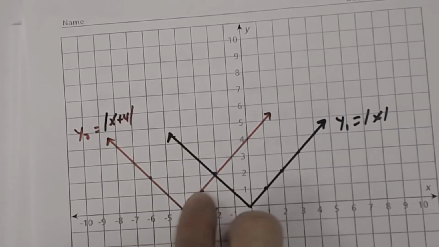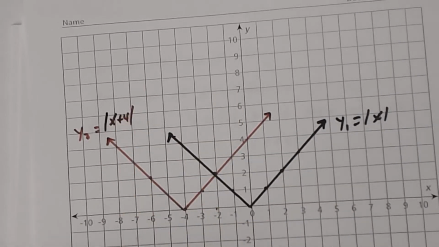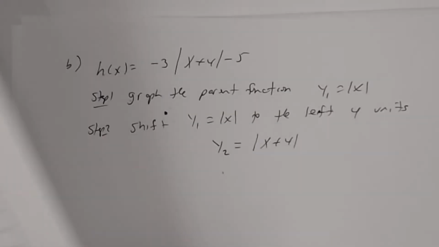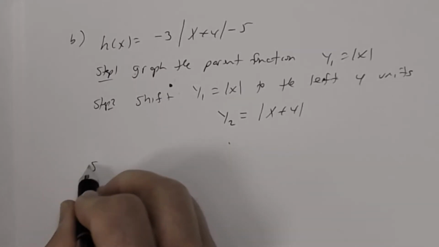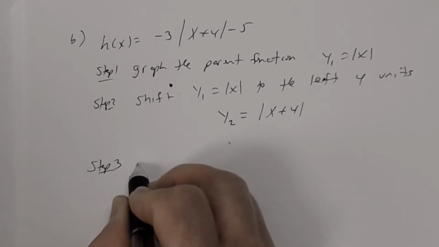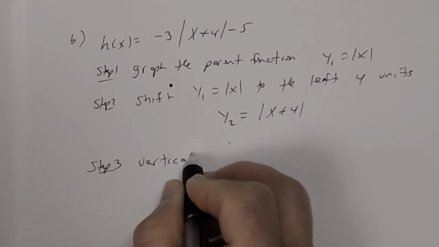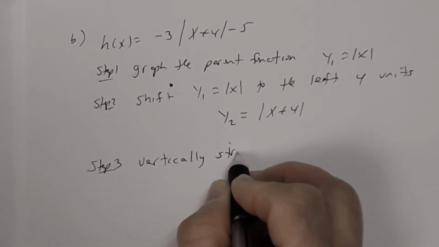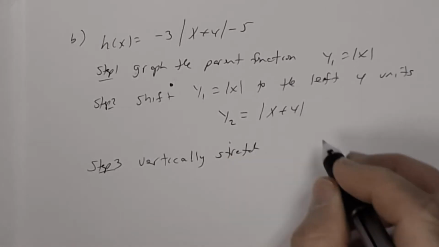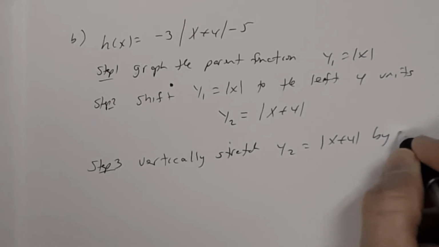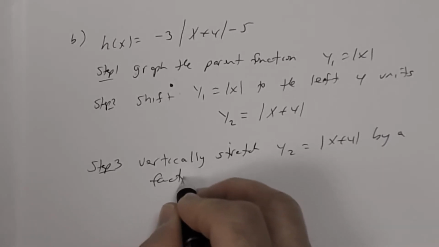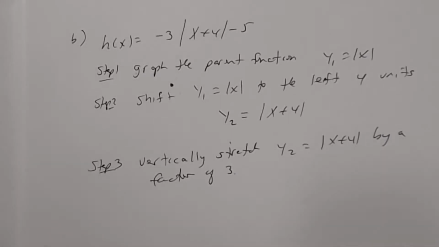So it's going to make it look skinnier. Okay, make it look skinnier. All right, so remember what we do though. So the way you're going to write it is you're going to say this. So step 3, you're going to say vertically stretch this right here, y2 equals the absolute value of x plus 4, by a factor of 3.